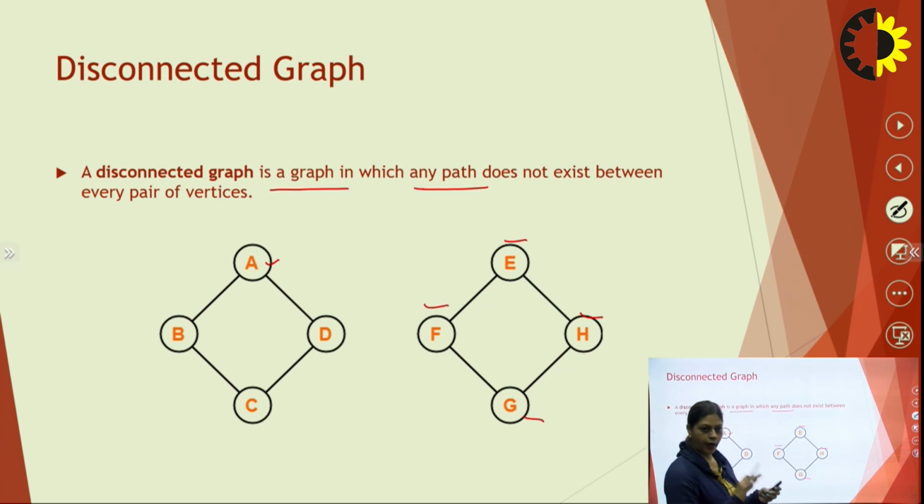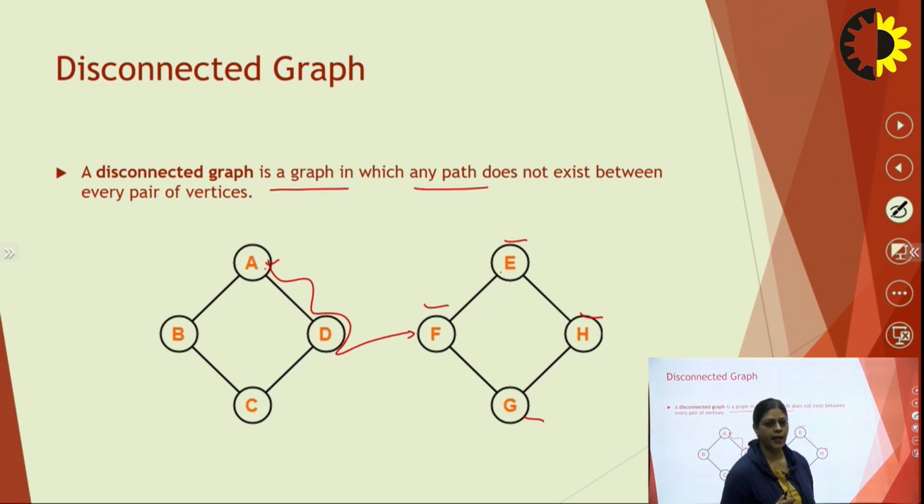These are one graph, but they are isolated. Vertices are not connected to each other. So there is no way to reach F, right? We can't reach A to E, A to F, A to G, A to H by any means. So that means this is a disconnected graph.